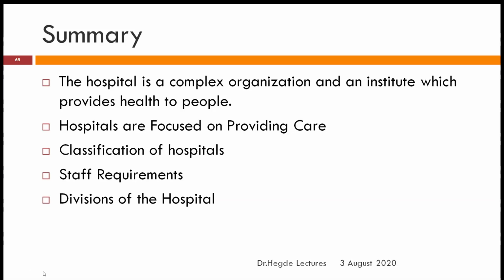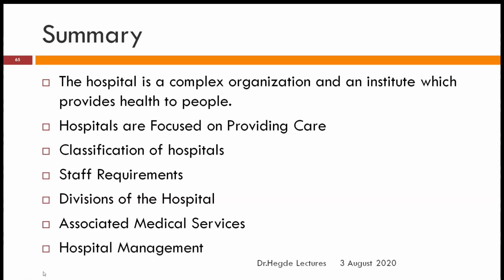Then we have seen divisions of the hospital. Different divisions are there, and how they work efficiently to manage patient care. And lastly, we have seen associated medical services, how they are very much required to come to the conclusion of diagnosis.